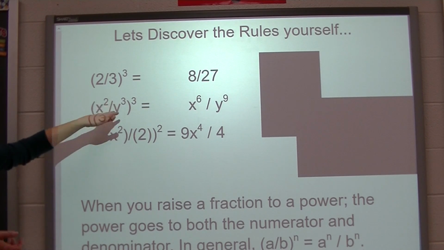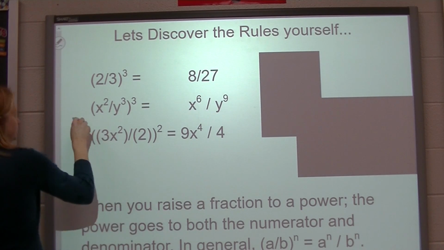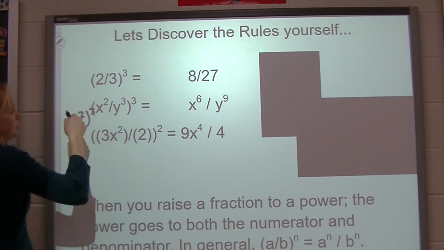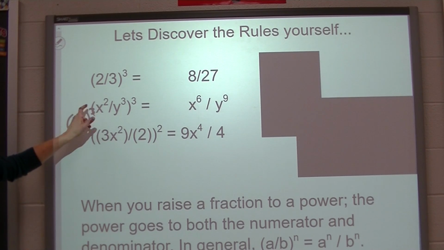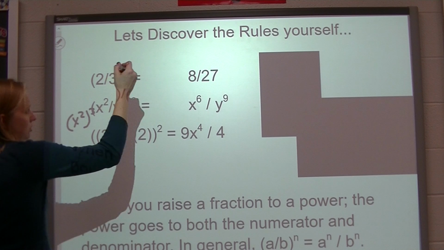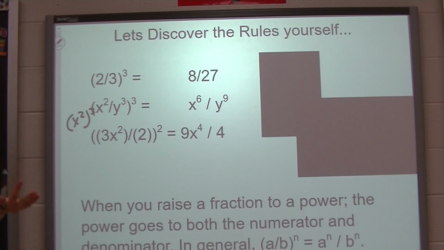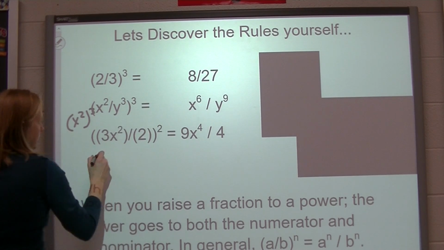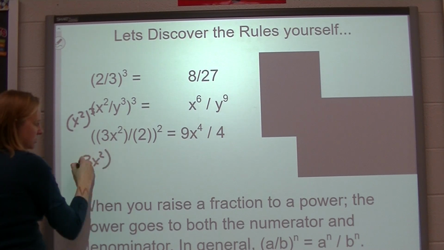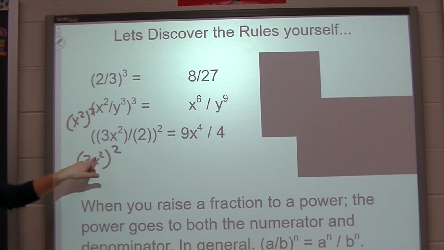X squared cubed, now this is where we're taking an exponent and raising it to another exponent, so we multiply. 2 times 3 is 6. And y cubed would be 3 times 3 is 9, so that's why it's y to the 9th. And this 3x squared, again, there's multiple factors, so I apply the squared to both the number and the variable here.